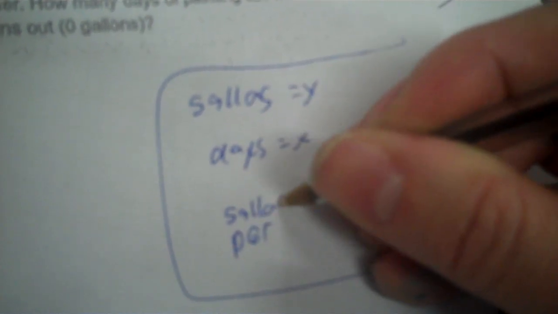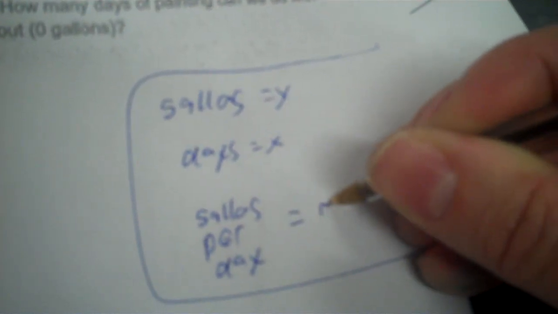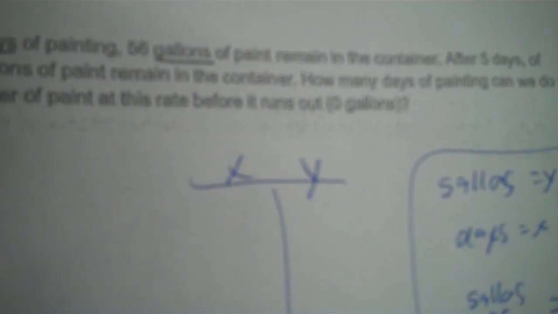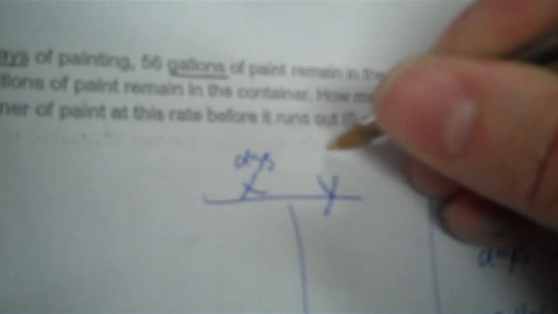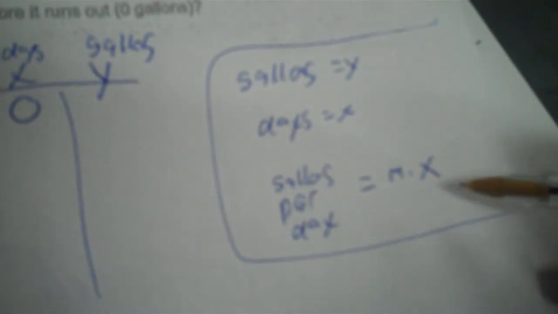They did not give us the gallons per day, so you put M times X. So when you have M times X, you're going to make your table, but you're going to make it differently. Because there is an amount of gallons per day, we just don't have it, okay? So days is X, gallons is Y. So you don't go 0, 1, 2 because you don't know what to add. You put a 0 and block it.